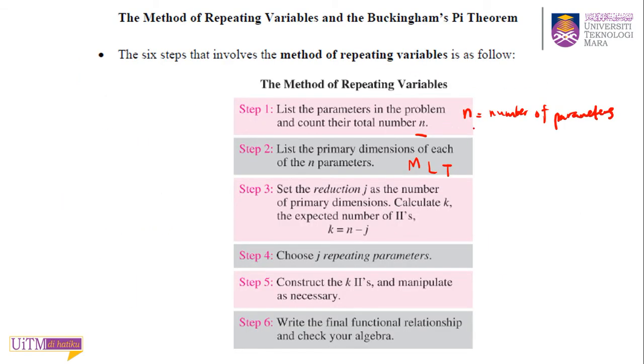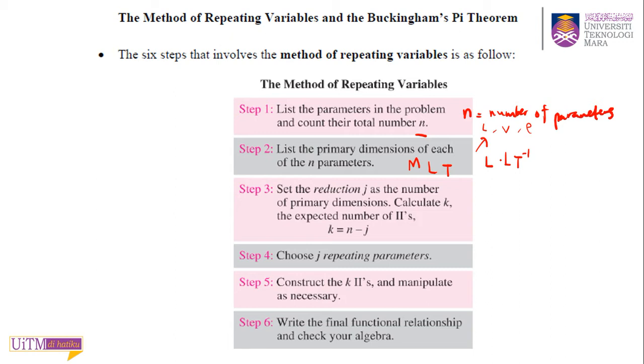In the first step you list the parameters, for example length or velocity or density, whatever. In the second step, list the primary dimensions for these parameters. So for length it is L, for velocity L T to the minus 1. So you need to list the primary dimensions of each of these parameters. That's the second step.